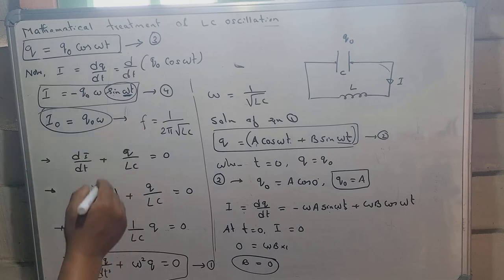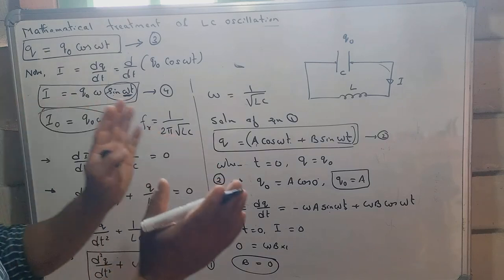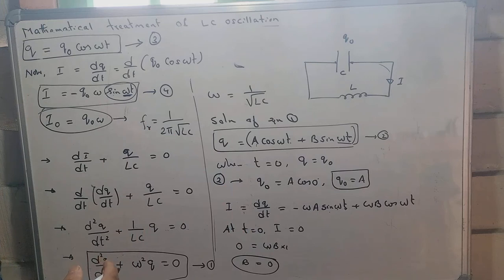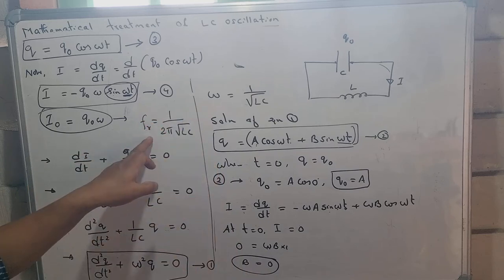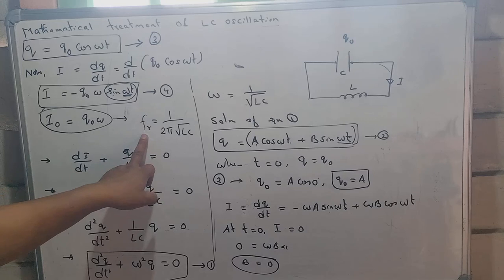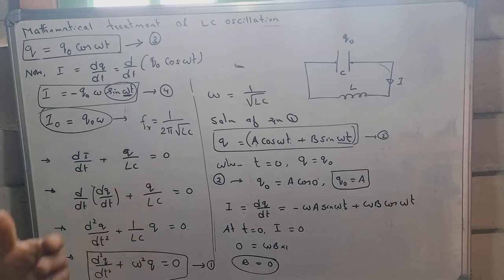I think you still remember when we talked about the resonant condition: in the resonant curve, we have seen the current is maximum at this frequency. Similarly, the charge will be maximum at this frequency. So both current and electric charge are oscillating with this frequency.